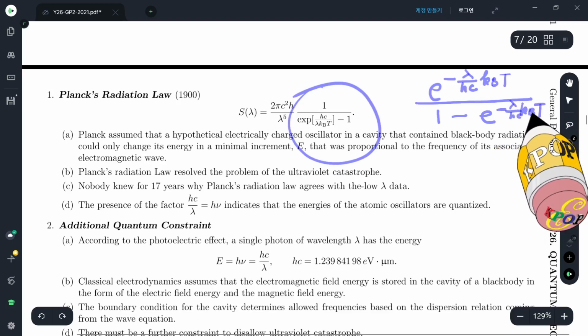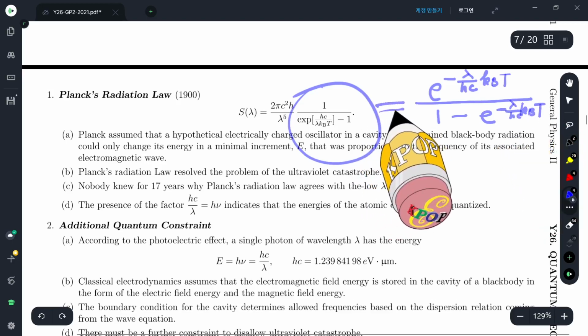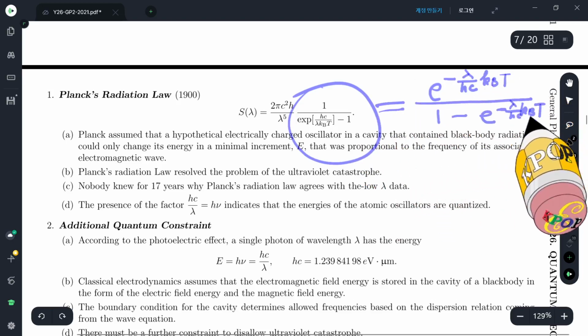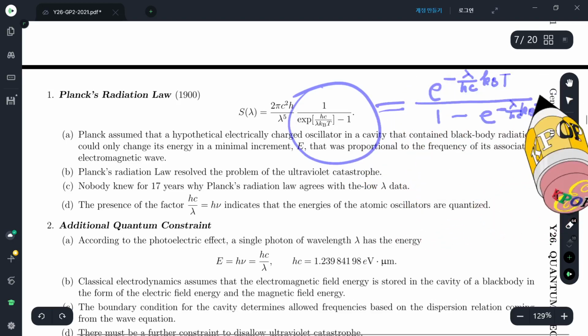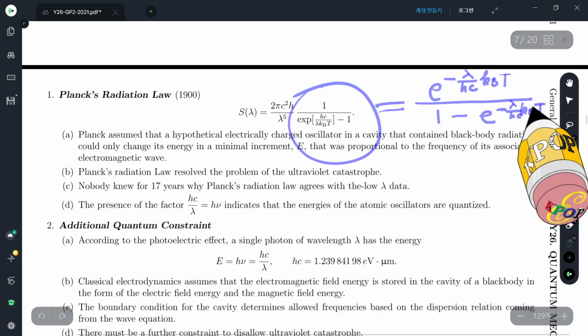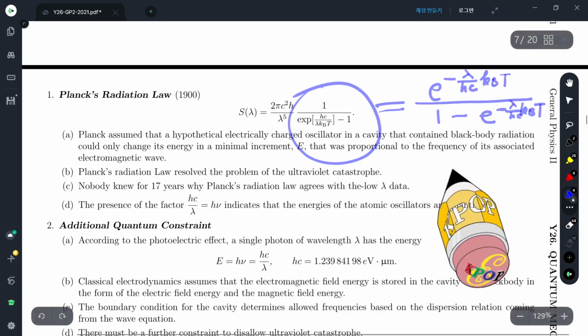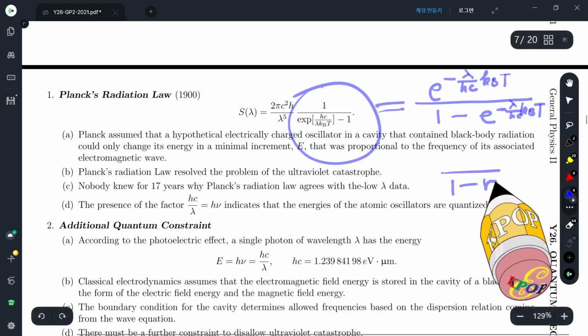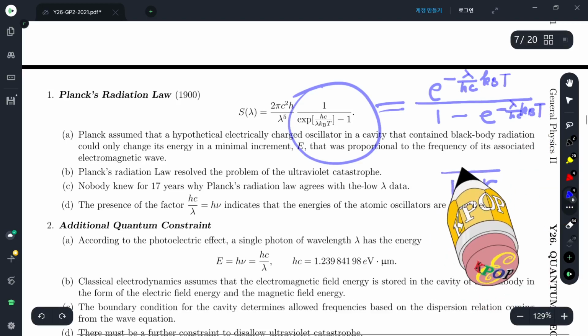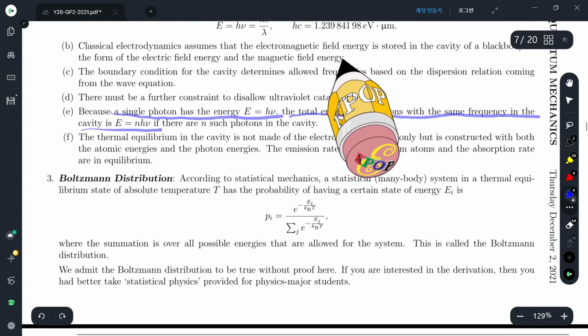This is identical to this, and this is a kind of geometric series, an infinite sum of the geometric series. Right? 1 minus r. It is related to that one.